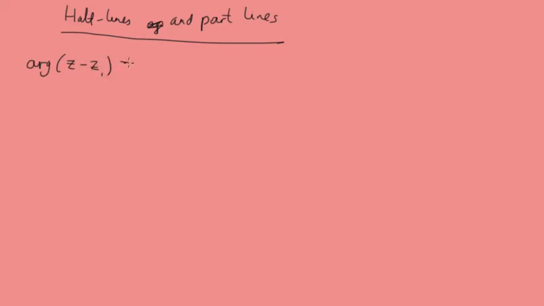And we're going to call it alpha, where alpha is a fixed angle and z1 is our fixed point a plus bi.